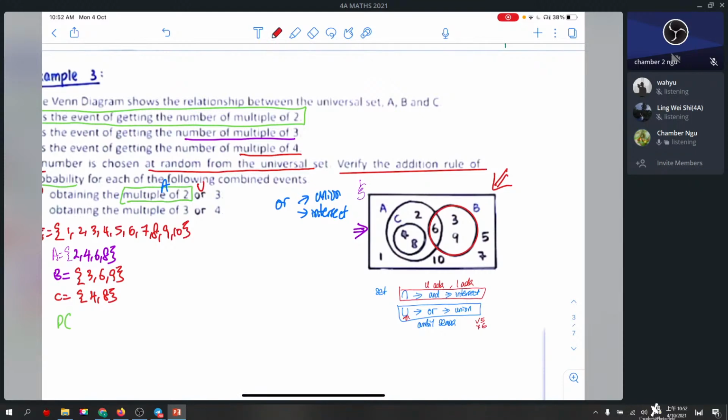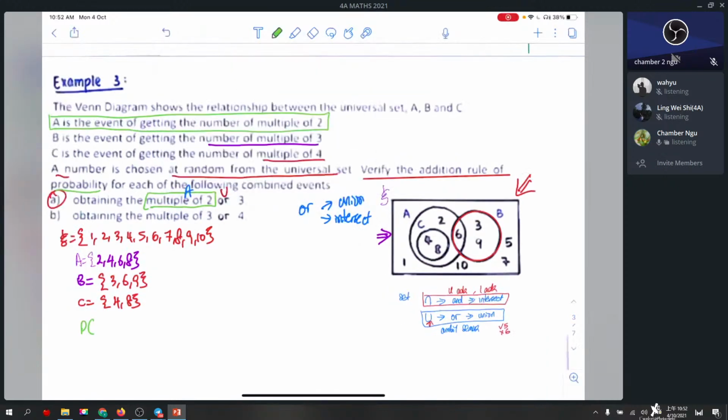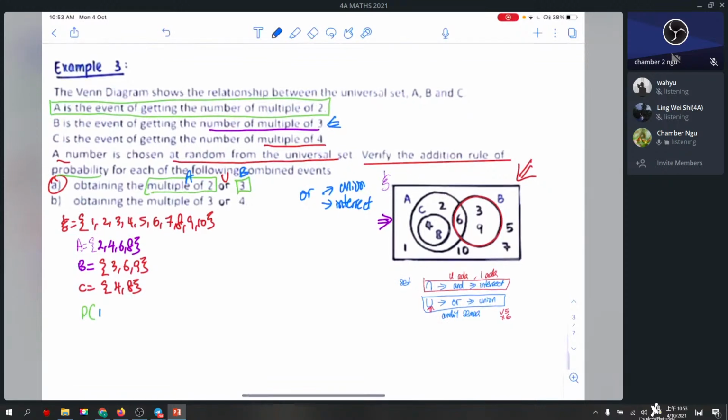Ambil saja. And the multiple of 3. Multiple of 3 is set B. So kita tulis B di sini. That's means we now actually want to find the probability of A union B. Don't write like that. Have to write like this. Okay. A union B.